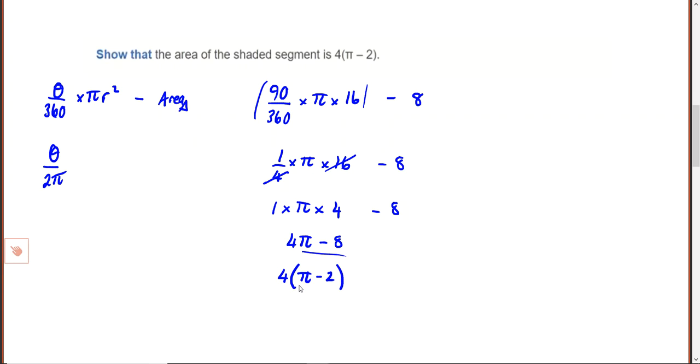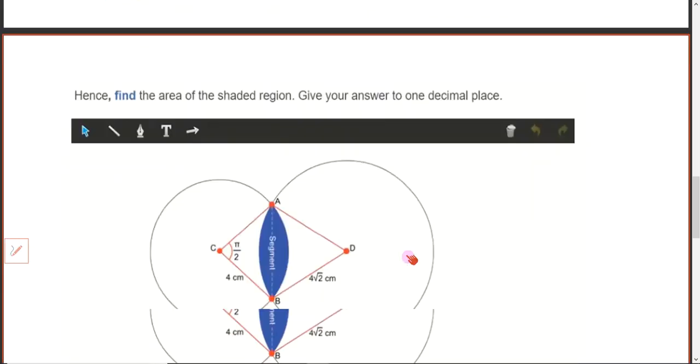That would be easier. But because it's a show that question, if you haven't put all of this stuff, you don't get the marks. One thing, you know that show that, this is the answer, you're not allowed to use the answer to show the answer works. That's not how it works. Never ever. If you start substituting that answer into something and show it works, you're going to immediately have to stop marking.